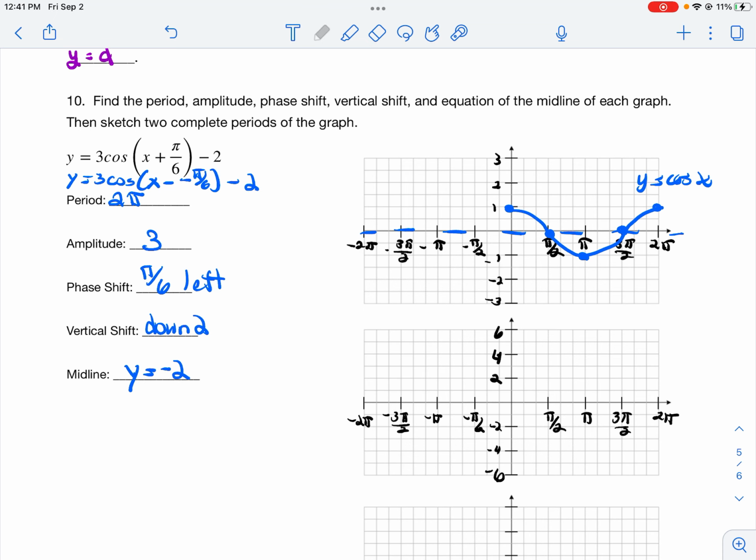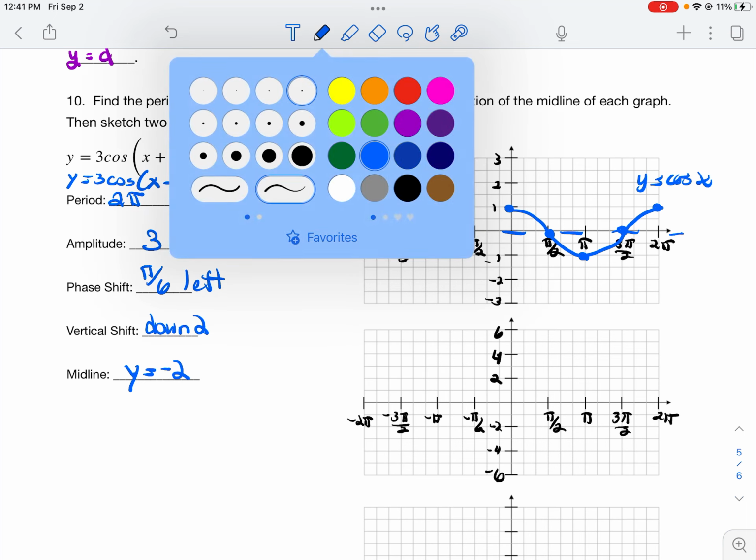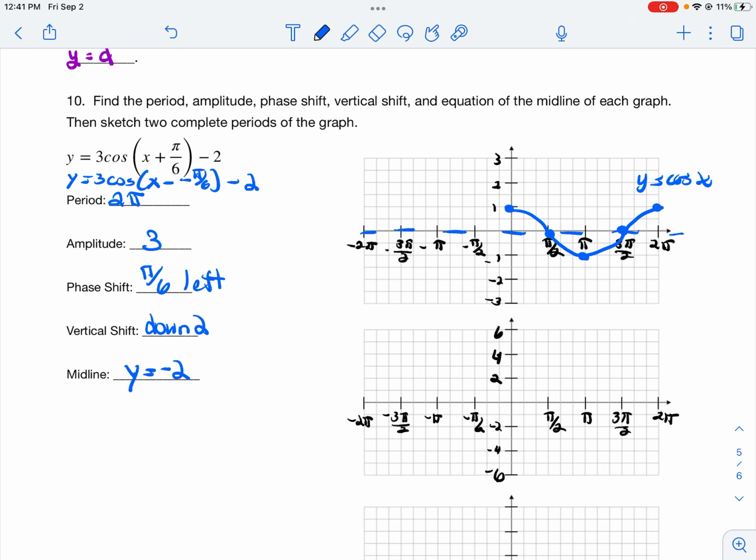Now, what I do is I always graph my vertical shift first, by graphing my midline. My midline is negative 2, so my midline is down here at negative 2. This is taking care of my vertical shift, down 2. Labeling my tick marks took care of my period.